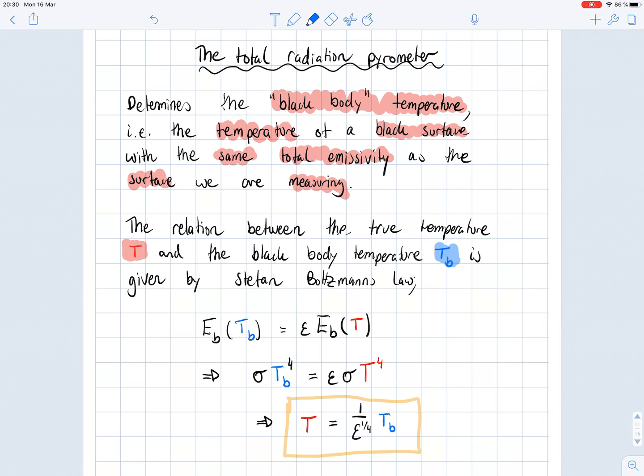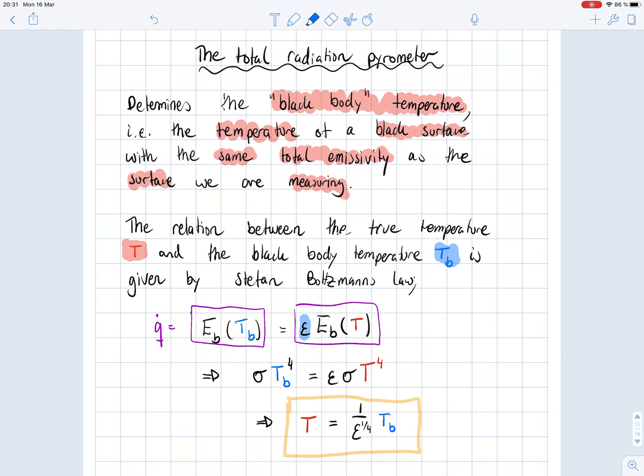So what we do is that we measure a flux, as I said, of energy coming into our instrument, and we assume that the energy flux comes directly from a black body, while in reality it comes from a surface that has an emissivity, so that's a non-ideal surface. These two are then assumed to be equal to one another.